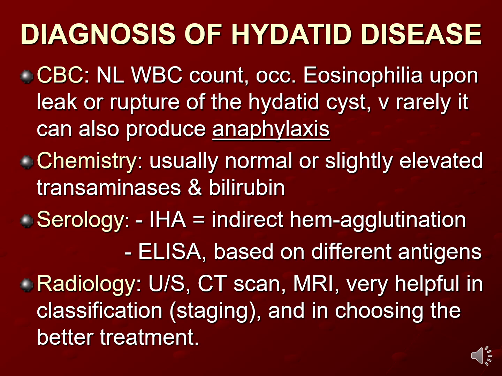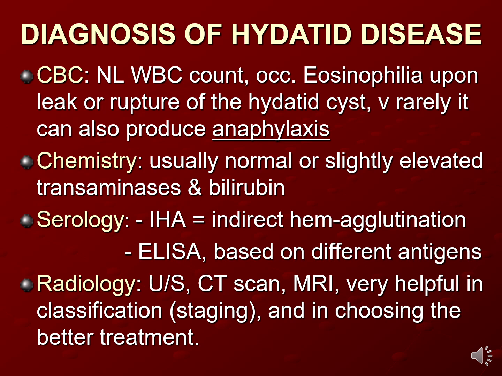So it's like that. Serology: the old serology is the indirect hemagglutination test, which has been replaced by the ELISA test, which is kind of better. Radiology, as you have seen those X-rays, the ultrasound can be very helpful. CT scan and MRI will be very helpful in staging and in diagnosing those hydatid cysts.